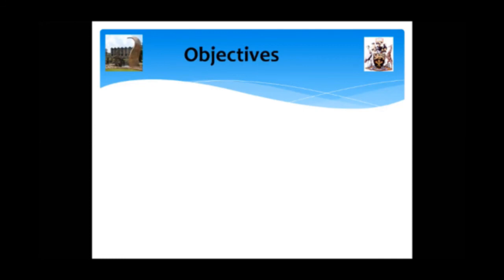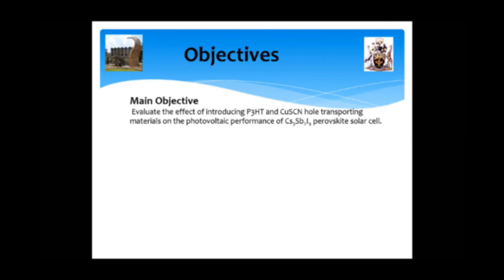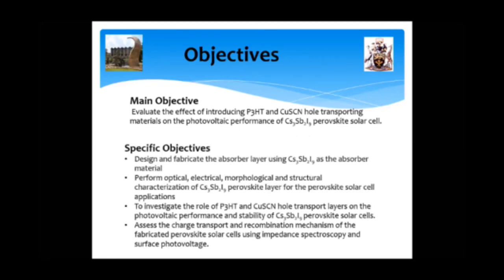Now, the main objective of this work will be to evaluate the effect of introducing the two hole transport materials, that is P3HT and copper thiocyanate, on the photovoltaic performance of cesium antimony iodide perovskite solar cells.